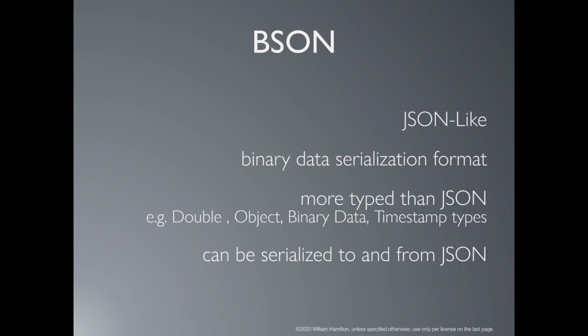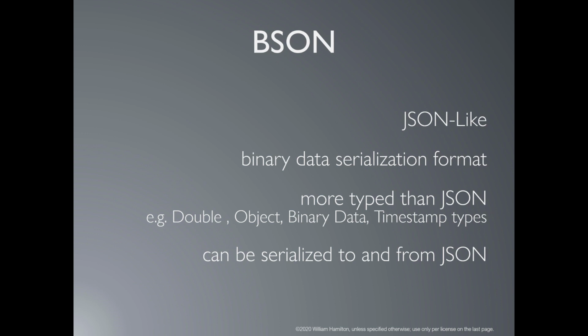So in JavaScript, we have things like just number or string. There's a little bit finer grained typing with BSON. You have things like doubles versus integers. We have objects. We have binary data, different timestamps.